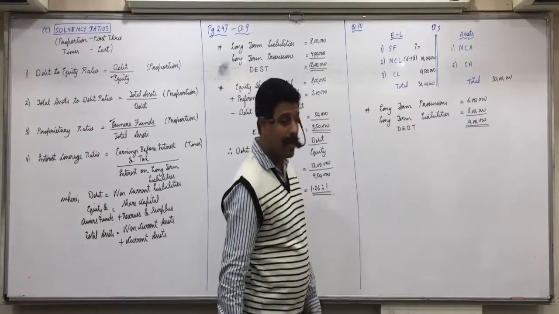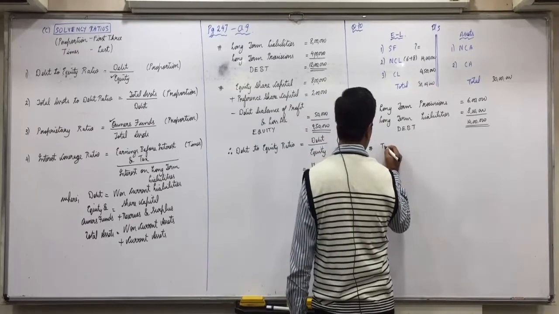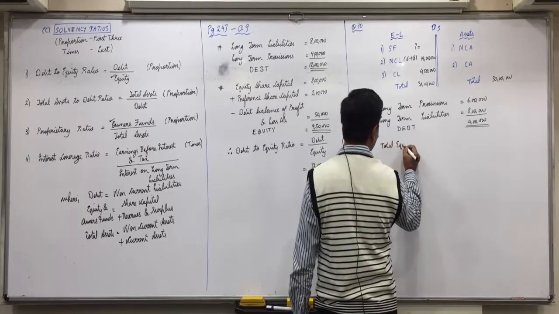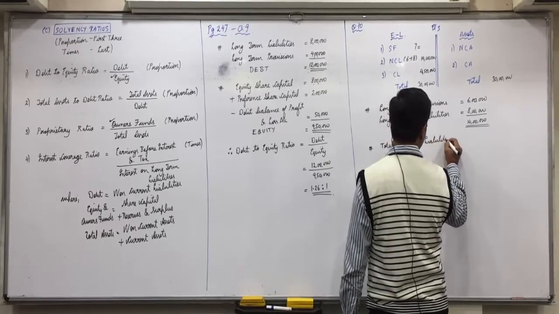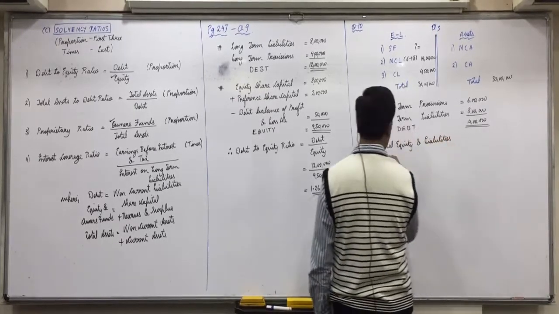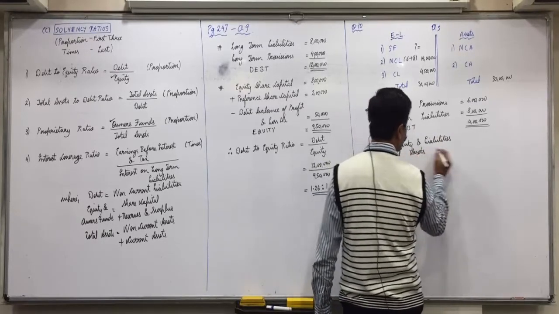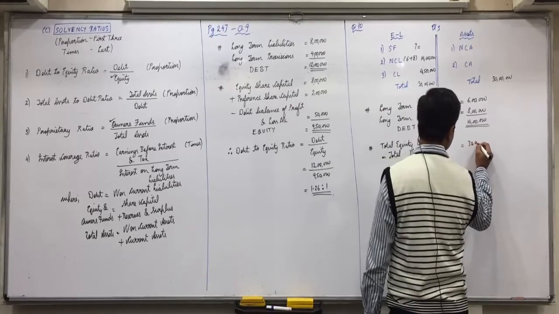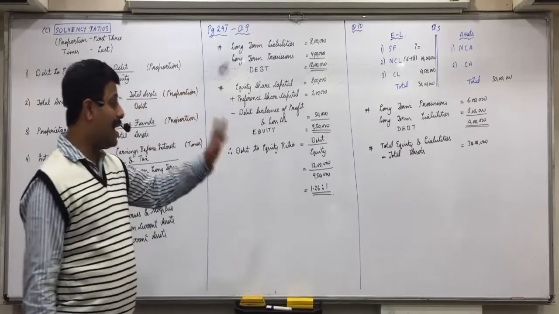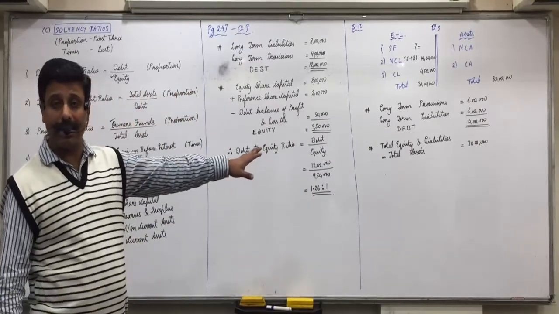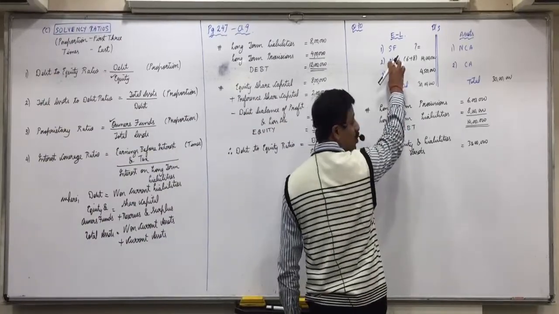Okay. Now, as we discussed equity, first of all, total equity and liabilities will be equal to total of assets, that is 30 lakhs. Any confusion in this? From that we have to minus these two.